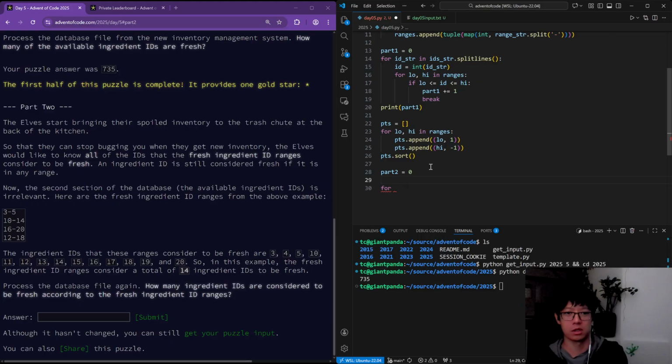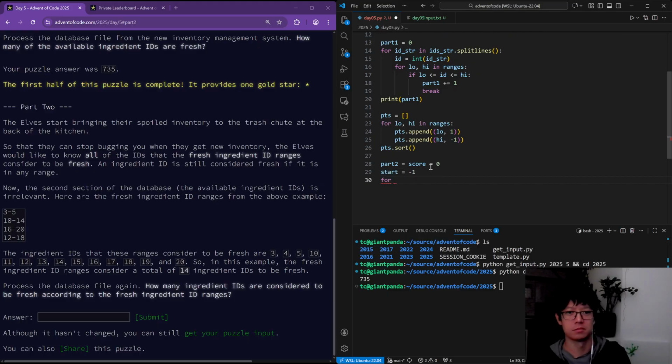And then, so we're currently not in a range. Oh, wait. Score, I guess, equals 0. And then start. What's gonna be? It doesn't matter right now. For n, delta in points.